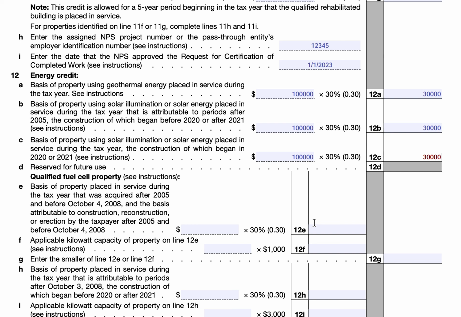So in 12E, this is qualified fuel cell property, which is a fuel cell power plant that has a nameplate capacity of at least 0.5 kilowatts, or 1 full kilowatt in the case of a fuel cell plant with a linear generator assembly.